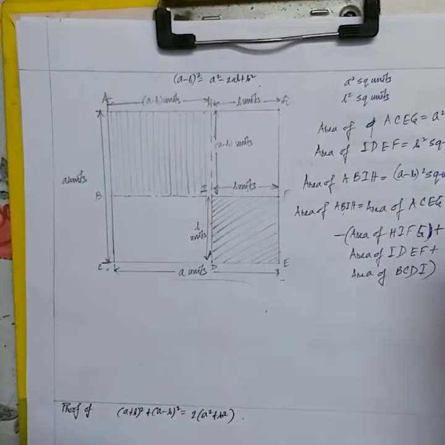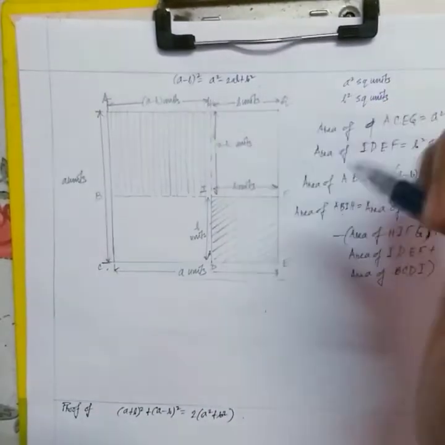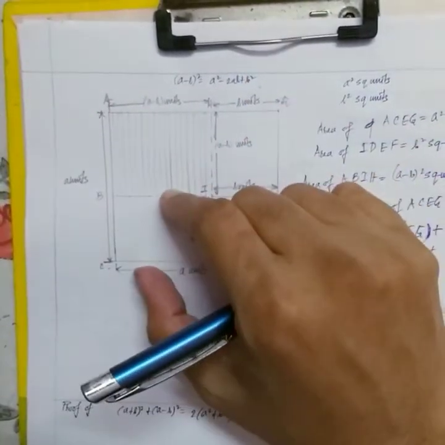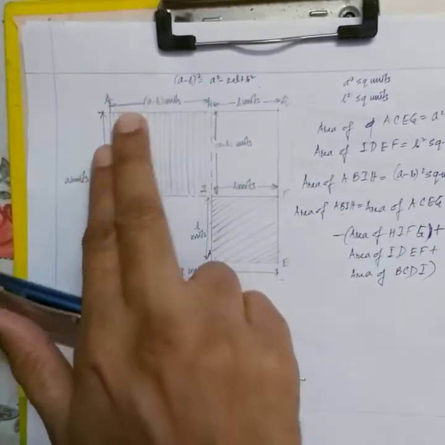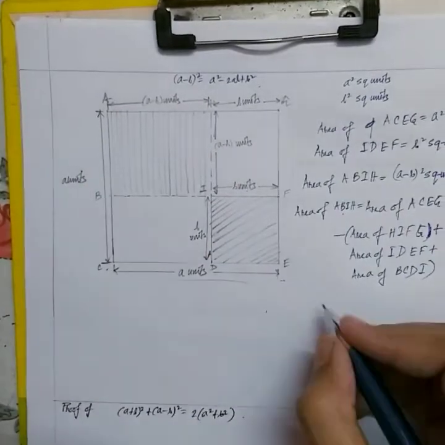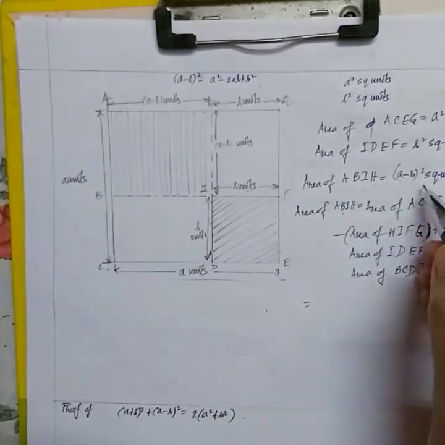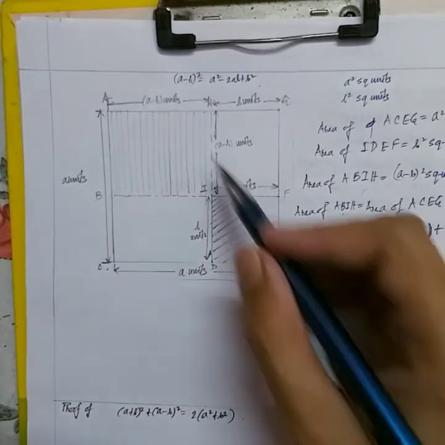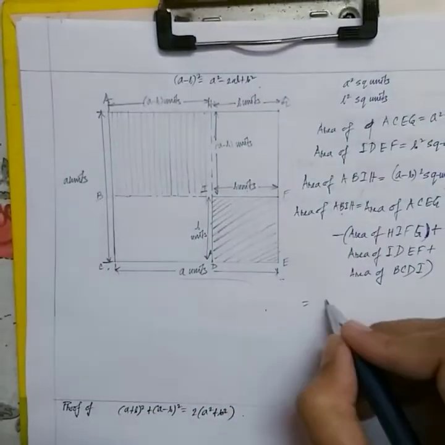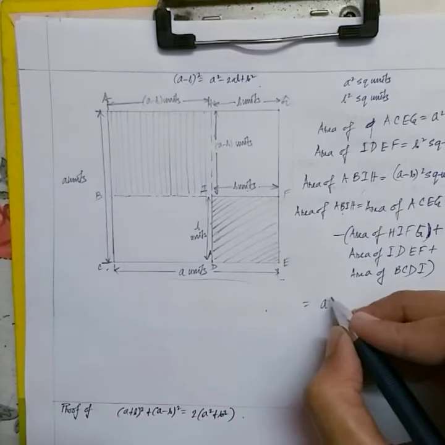I hope this is clear. From the entire picture we are subtracting this area and this area to get only this part. So from the area of ACEG, the area of this entire picture, we can write a square.